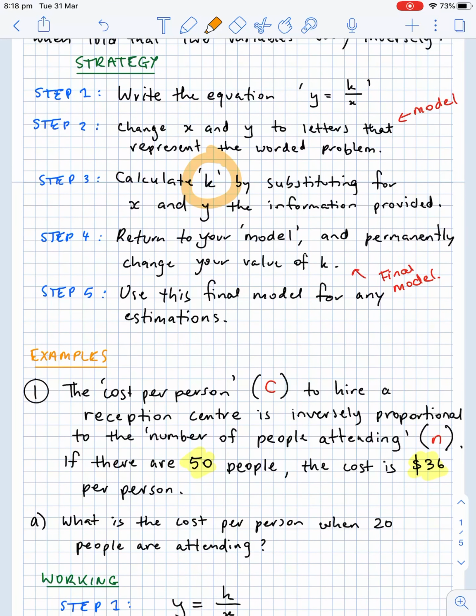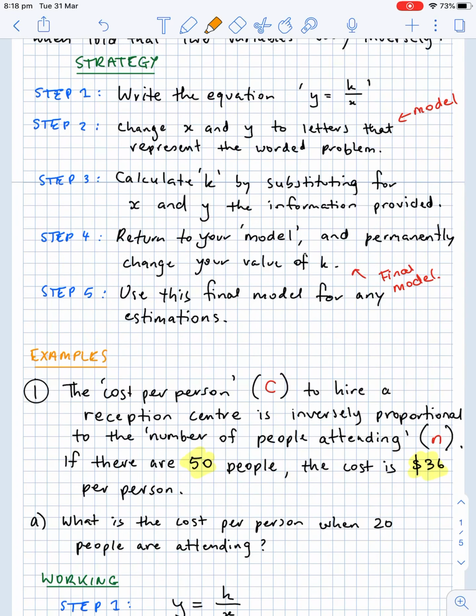Step three, now you need to calculate the value of k by substituting for your x and y the information that's provided. Guys, in these questions there should always be some sort of information provided. If you don't have it, then you're not able to do these questions.